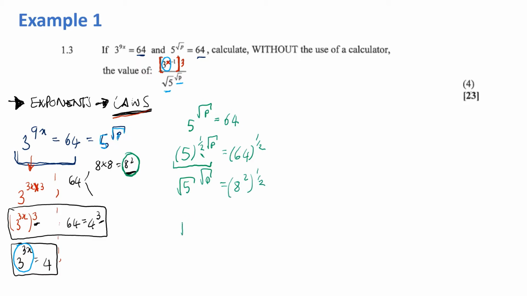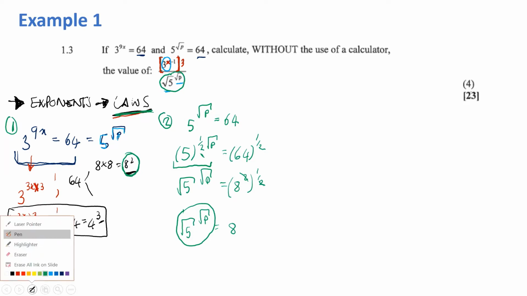And that simplifies down to 5 square root p equals, well, from your exponent laws, these two just cancel out, and that's just 8. What does this translate into? I have this part here, and this is this whole denominator here. This was step 1, this was step 2, and now the final step.